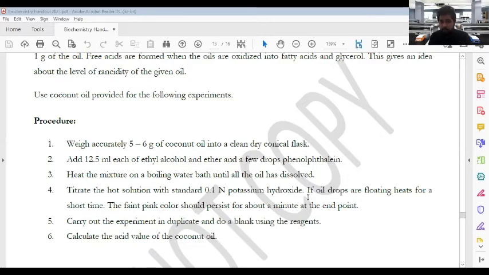Since we use ethyl alcohol and ether as reagents, some amount of potassium hydroxide can be consumed to neutralize their acidity. So to calculate the volume consumed to neutralize those reagents, we do a blank titration.